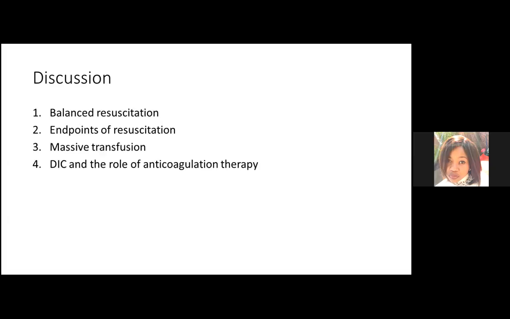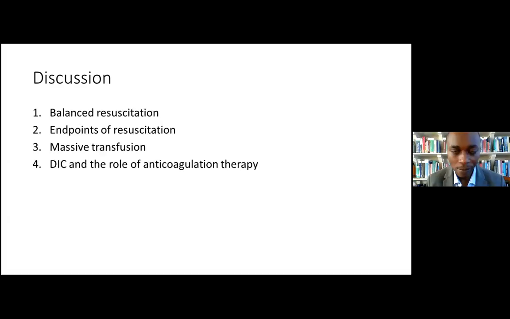Okay, that's good. So I like the words that you used, giving him a bolus, and then you monitor the patient. But remember, the bolus volume shouldn't be too high, because excessive administration of crystalloids will damage the endothelial glycocalyx layer of the capillaries, and therefore it will affect coagulation.